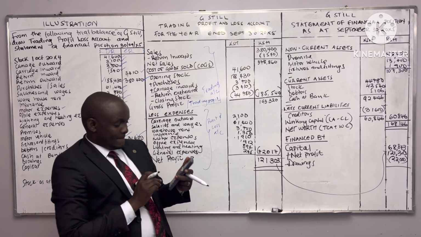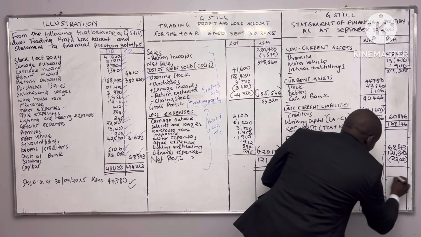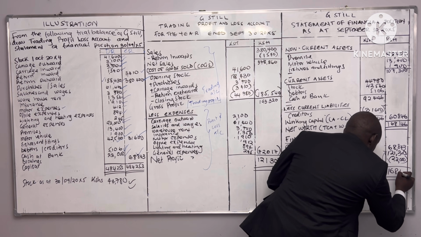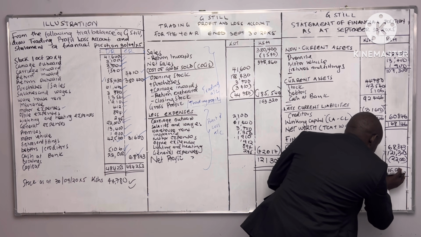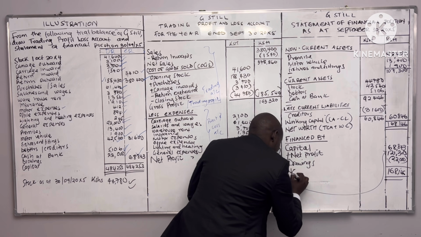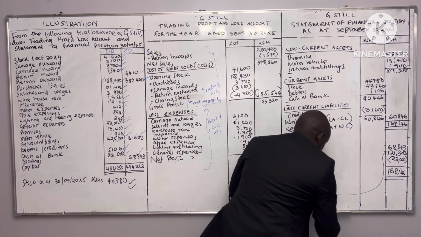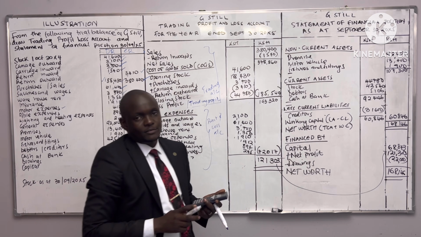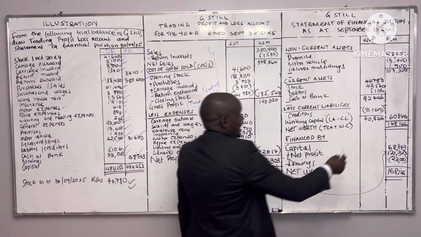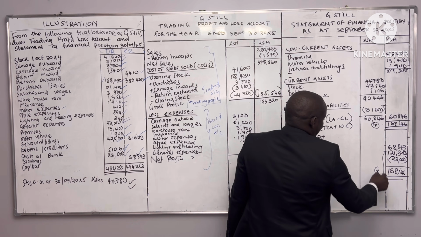So what you get is 168,146 net worth. Friends and colleagues, this answer, this net worth and this should be the same.